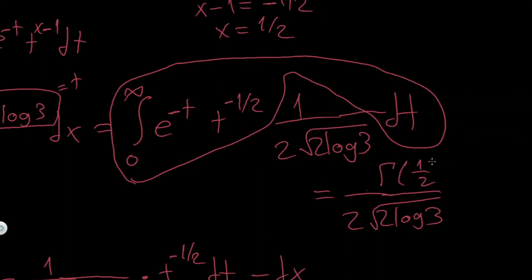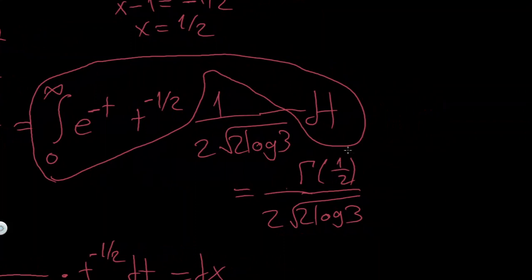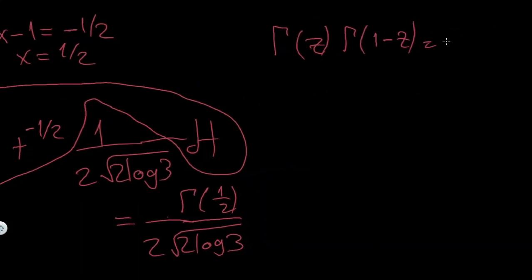But do I know what gamma of 1 over 2 is? Well, in the previous video, I also showed you what gamma of 1 over 2 is. There's a property of the gamma function that for any z where gamma z is defined, gamma z times gamma 1 minus z is equal to pi over sine of pi z.